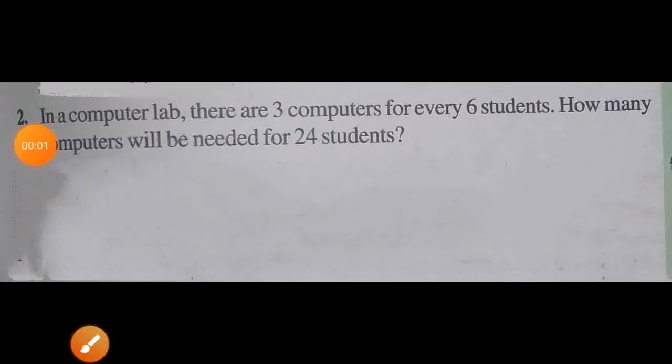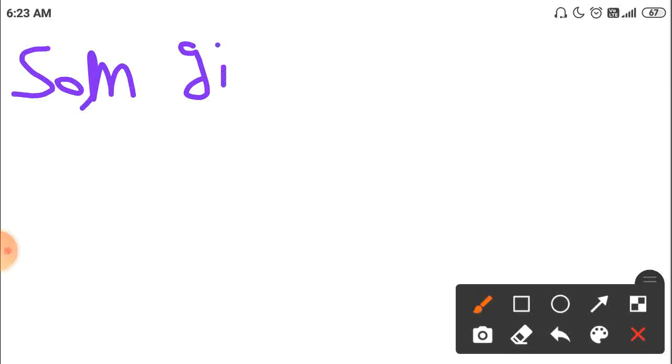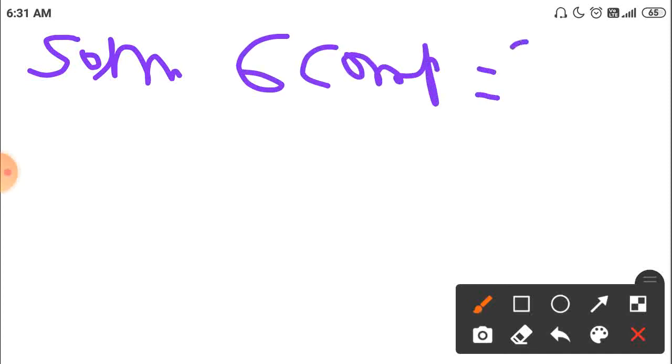Now the second question. In a computer lab there are 3 computers for every 6 students. How many computers will be needed for 24 students? In the solution we can write, it is given, 3 computers is equal to 6 students. Therefore, one computer equals 6 upon 3 students?